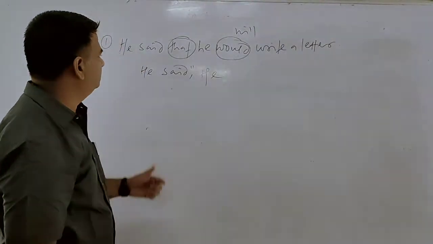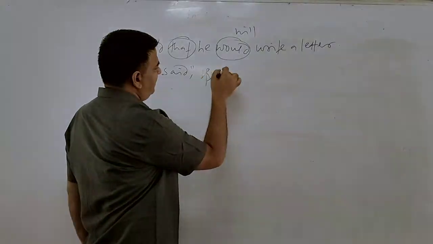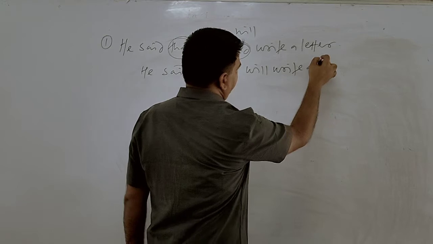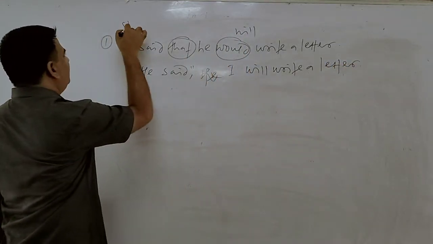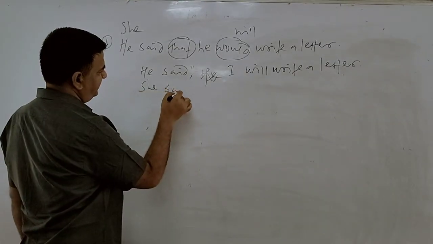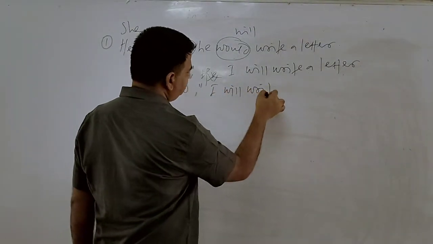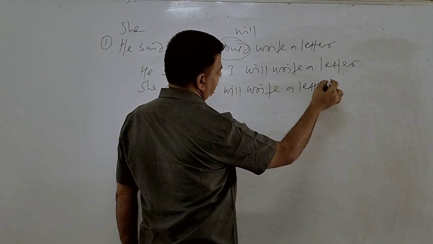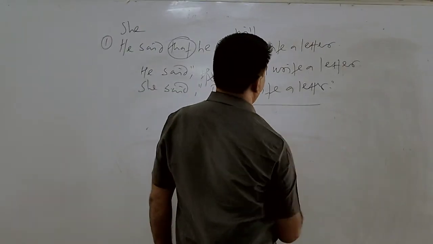He said means he is there. So we have to simply use I. He said, I will write early. If she is there, we simply say she said, comma, inverted comma, I will write early. This is the simple one.